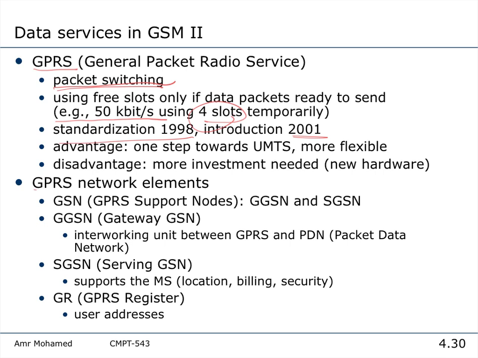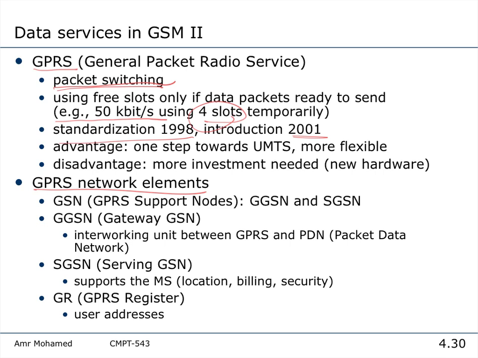So GPRS introduced 3 major components which correspond to the MSC. You remember we have the MSC, the Mobile Switching Center, and we have the gateway MSC. And the gateway is sort of the open door to all the other networks. As part of this gateway, we have the interworking function, if you remember.